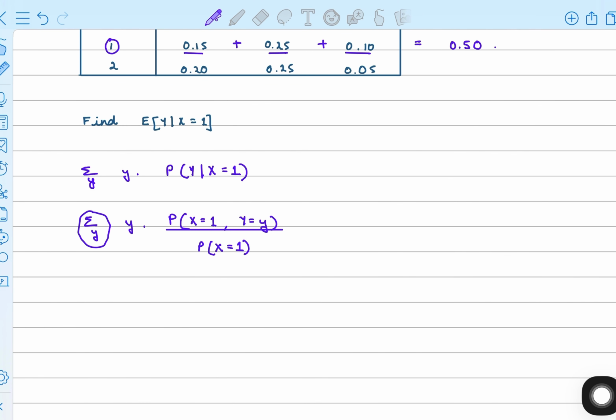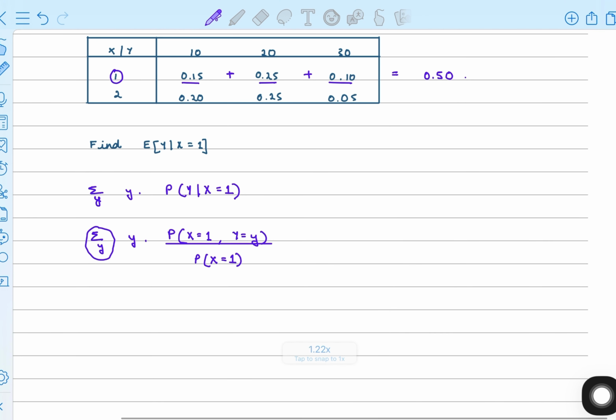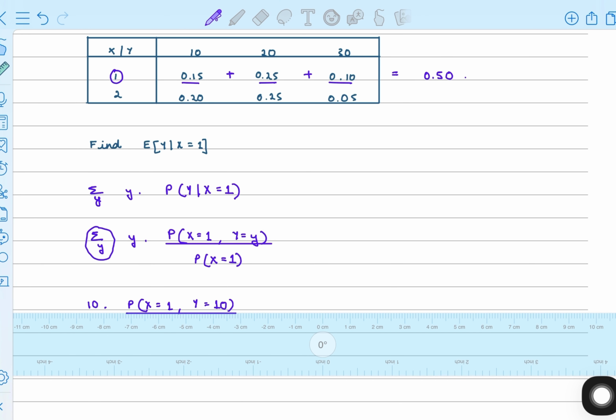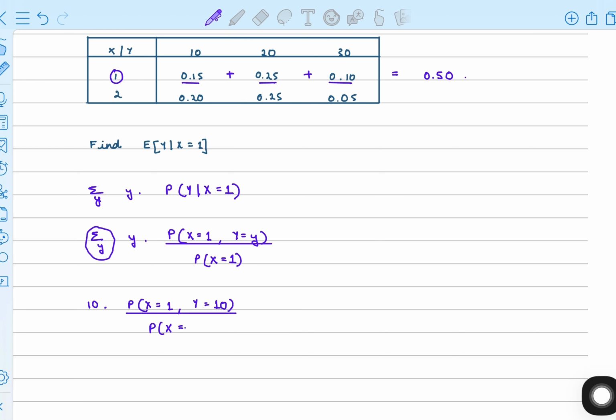We start at our first value of y, which is given as 10. Then we proceed to the next value of y, which is given as 20.